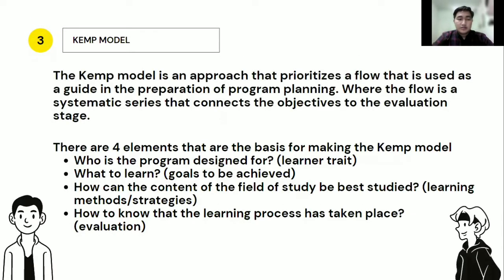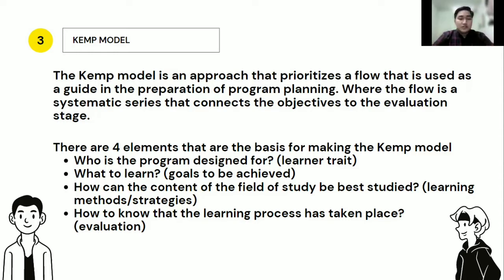The next model is CAMP model. The CAMP model is an approach that prioritizes a flow that is used as a guide in the preparation of program planning, where the flow is a systematic series that connects the objective to the evaluation stage. There are 4 elements that are the basis for making the CAMP model.